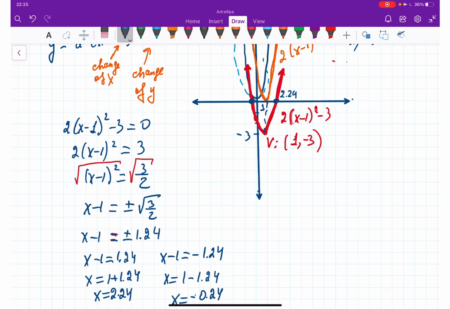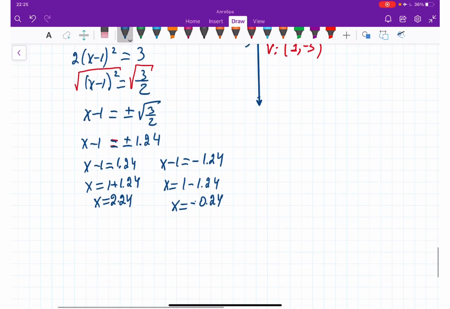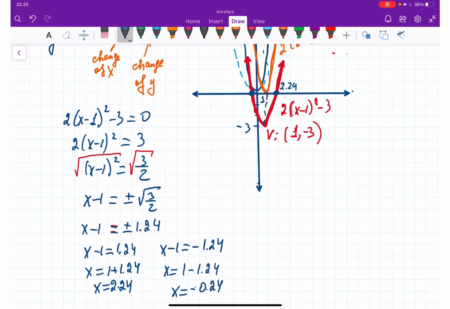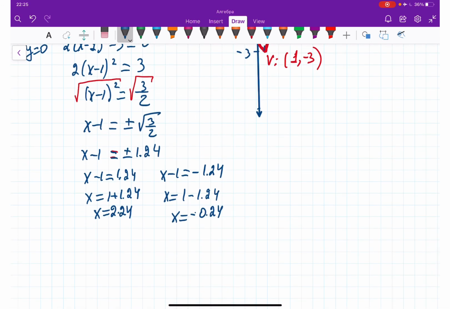Okay, let me write down, these are the x-intercepts. So we take y equal to 0, and we get x-intercepts 2.24 and negative 0.24.